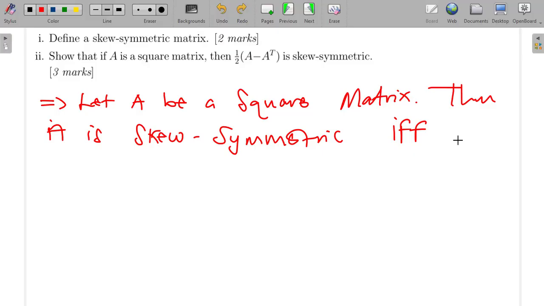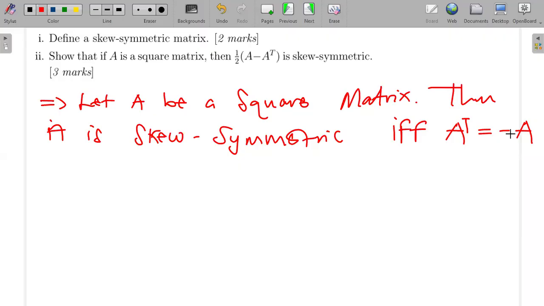So a square matrix, if the transpose of A is equal to the negative of A. Exactly. Yes, it's correct. If the transpose is equal to the negative of that matrix, then we're going to say that that matrix is actually skew symmetric.